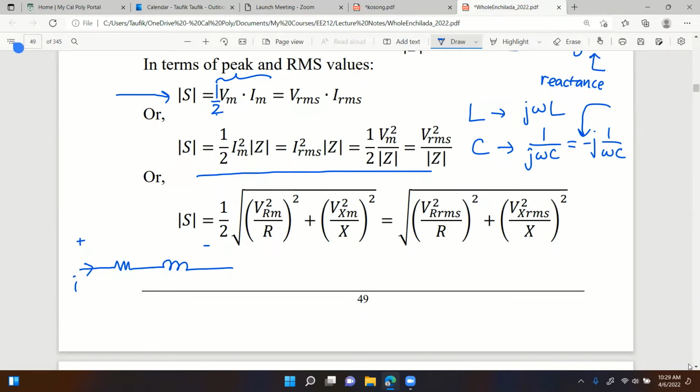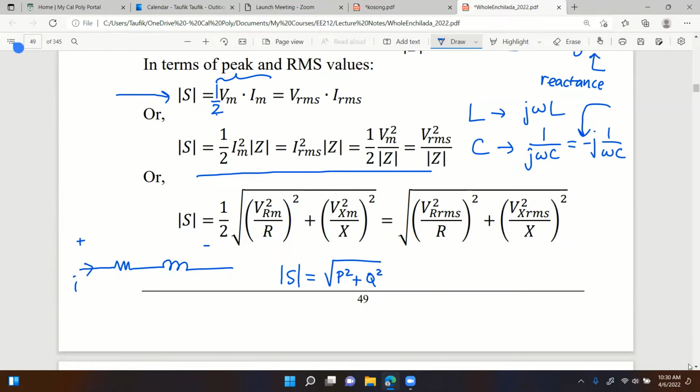But then if you want to break it down into two, remember that another equation for apparent power is the square root of P squared plus Q squared, that we talked about earlier. Now that means I could break down the power of the circuit into two powers, P and Q.